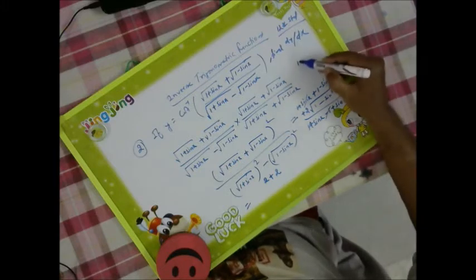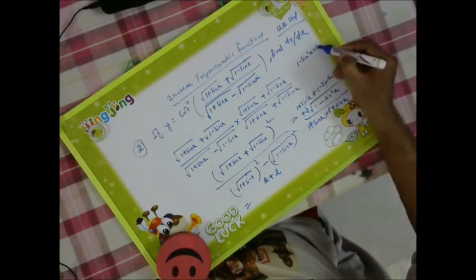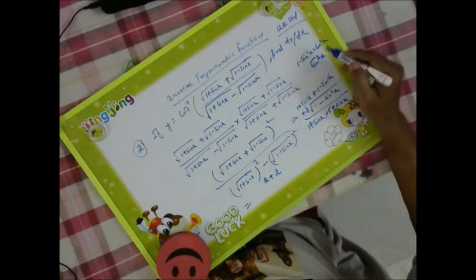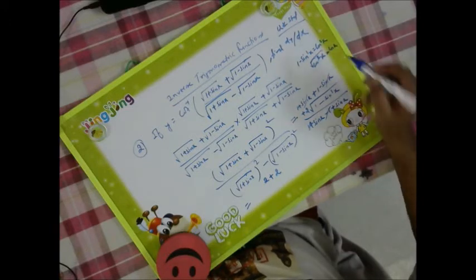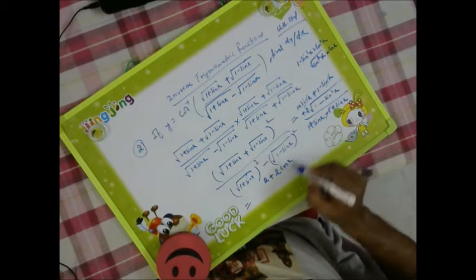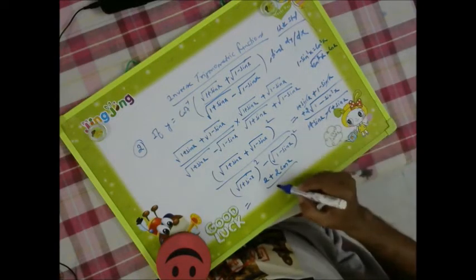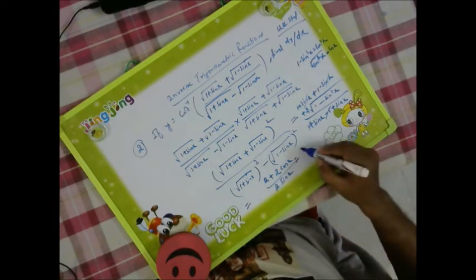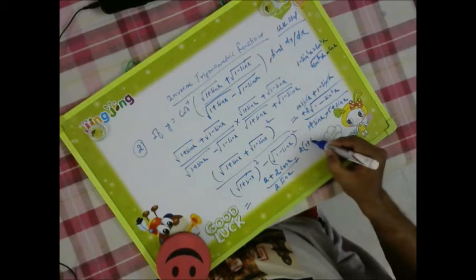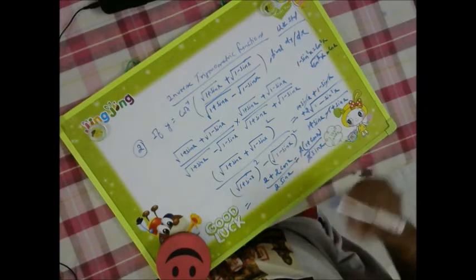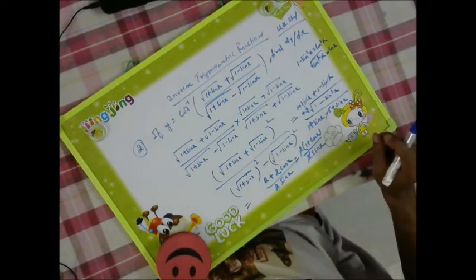We already know the formula. 1 minus sin square x is equal to cos square x, and root of cos square x, okay, will become what? Cos x. So here what we are getting? 2 plus 2 cos x divided by 2 sin x. So if we take 2 common, 1 plus cos x divided by 2 sin x, then 2 will get cancelled. Okay, right.